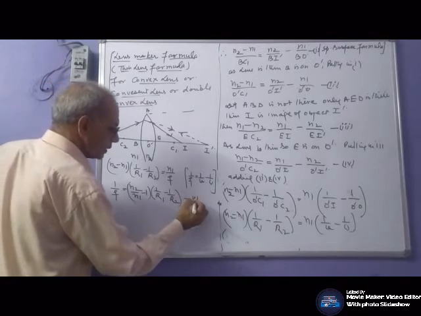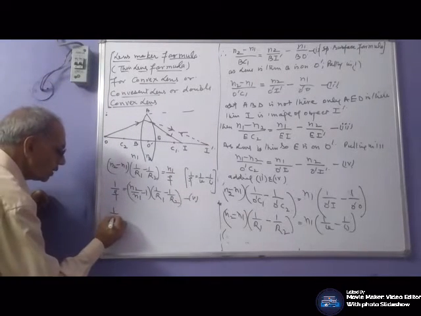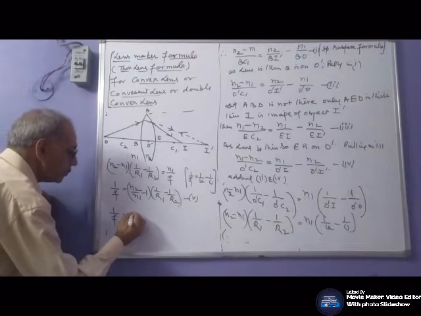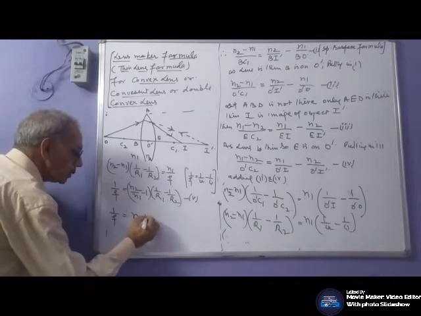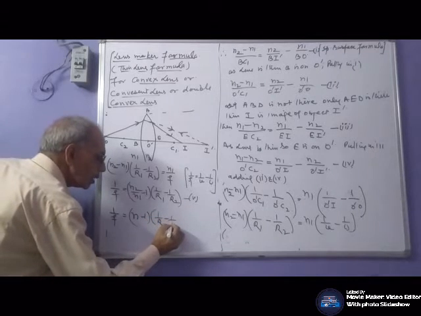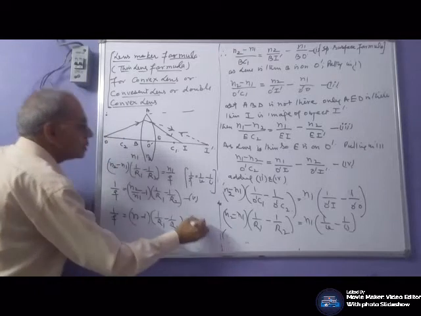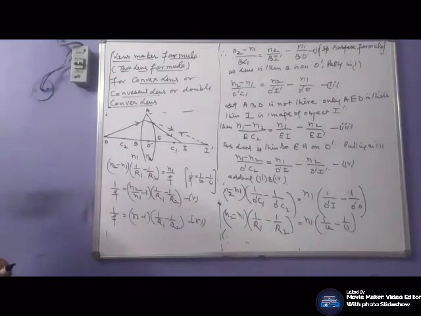This is the fifth equation, called the lens maker formula, or n minus 1 times (1 by r1 minus 1 by r2), sixth. This is the lens maker formula for a convex lens.